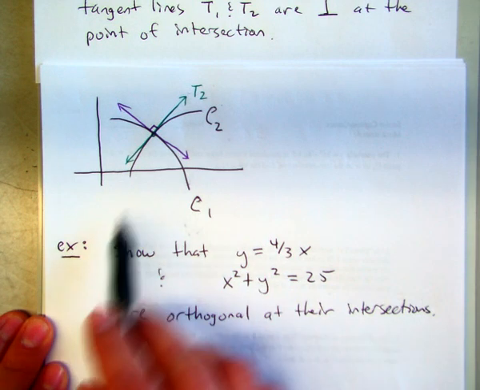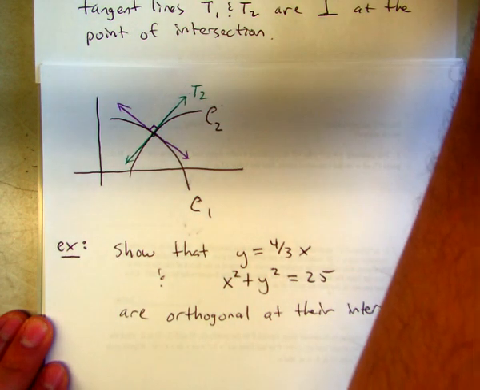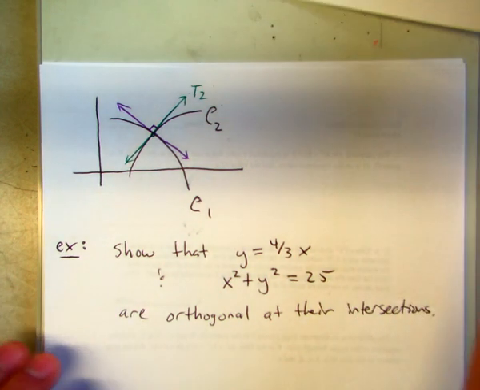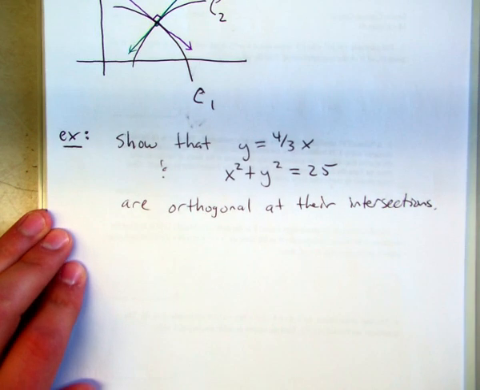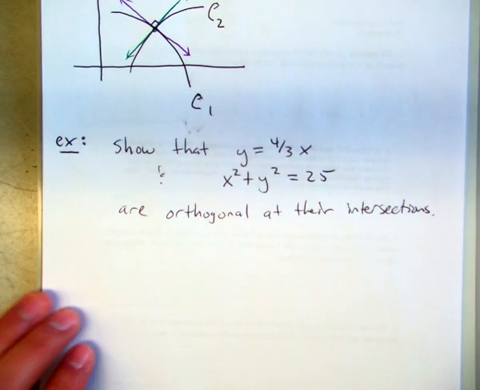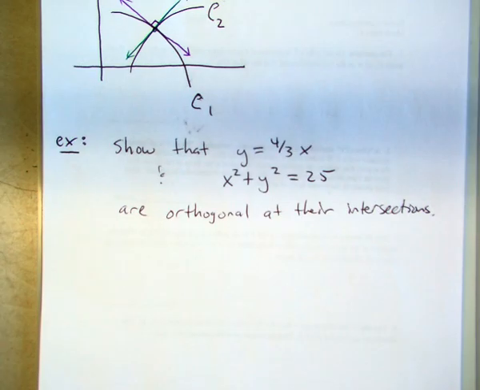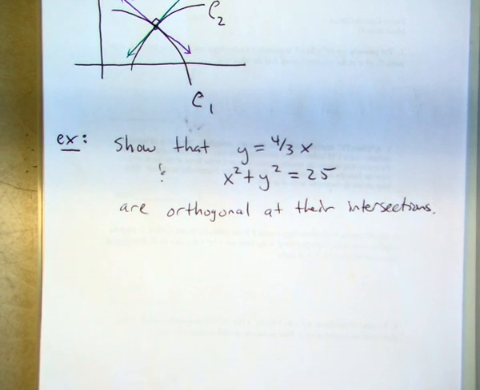Can I get rid of this page? All right, so how do we show that these things are orthogonal to one another at their points of intersection? Yes? We find dy/dx. That's one half of it.